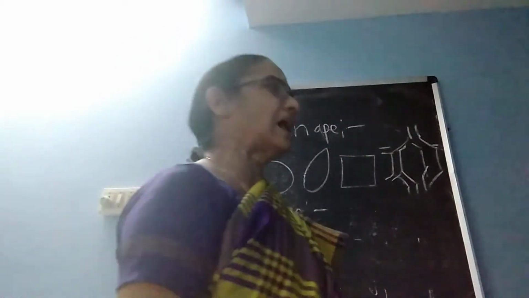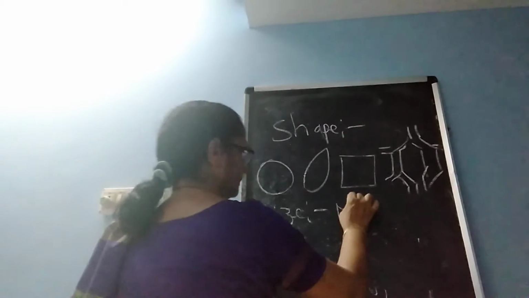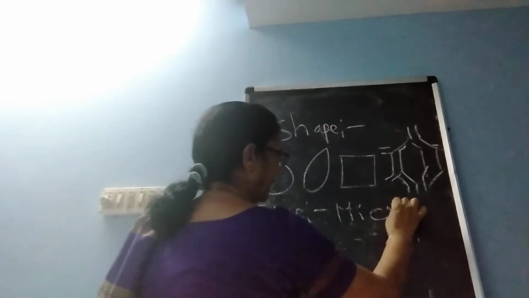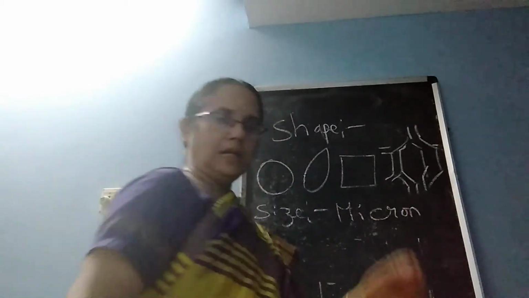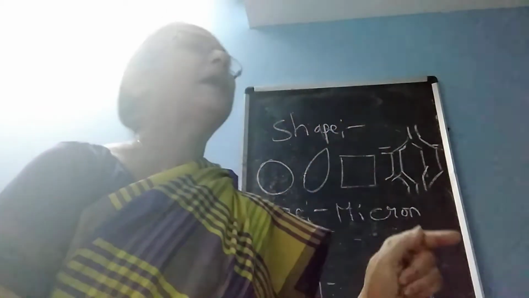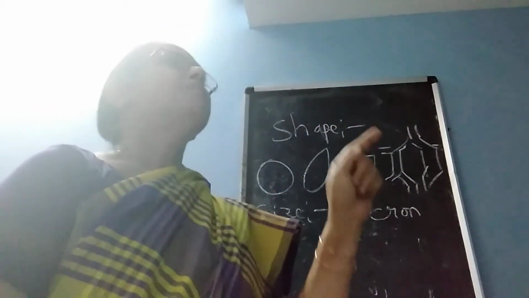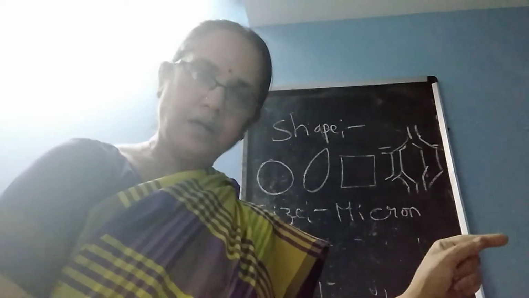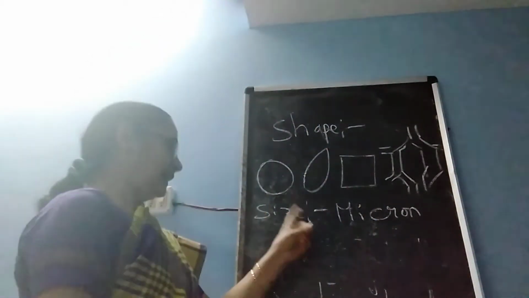The smallest cell unit is the micron. The smallest cell measures a few microns in size, and the largest cells are many more microns.